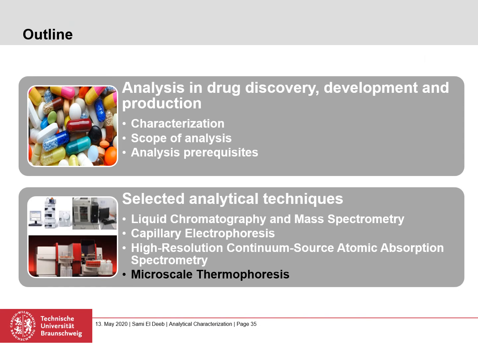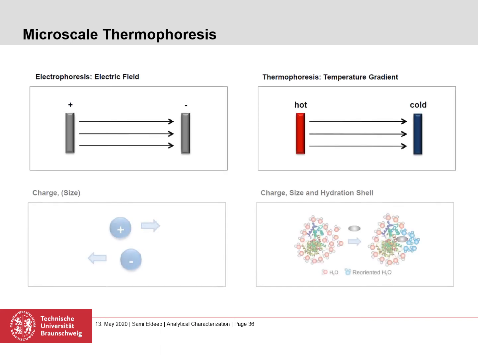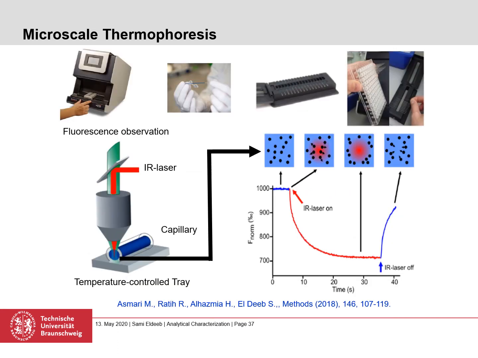Now I come to the last technique, the microscale thermophoresis. In fact, microscale thermophoresis is a relatively new technique introduced by a company called NanoTemper from Germany and can be used to study molecular interaction based on migration in a temperature gradient. When subjected to heat through a laser, the molecules will migrate away from the heat, so the fluorescence rate will drop.